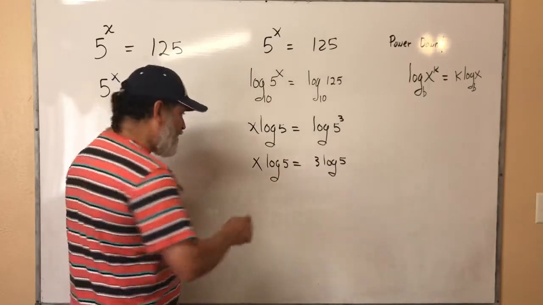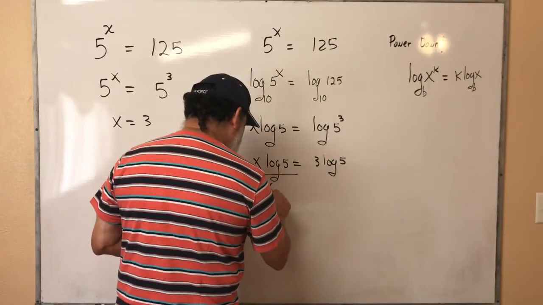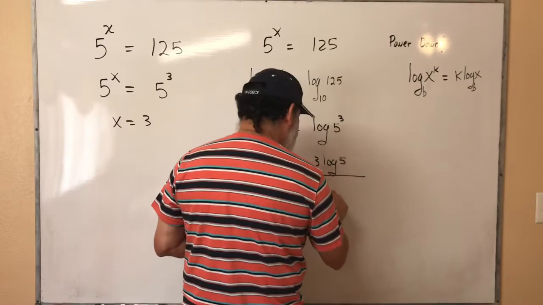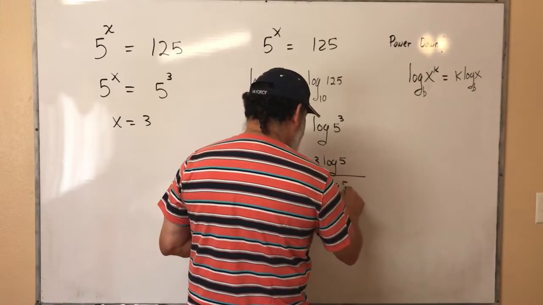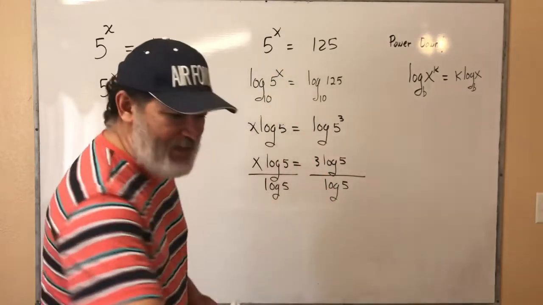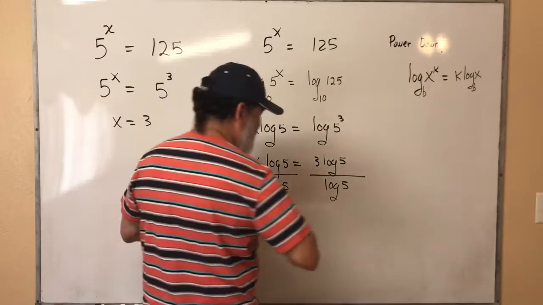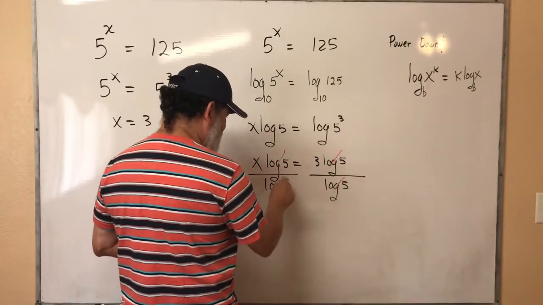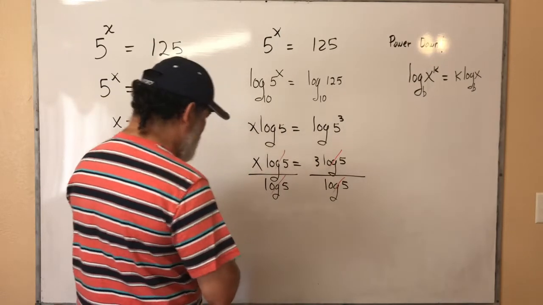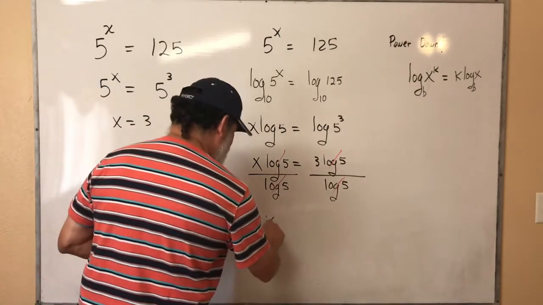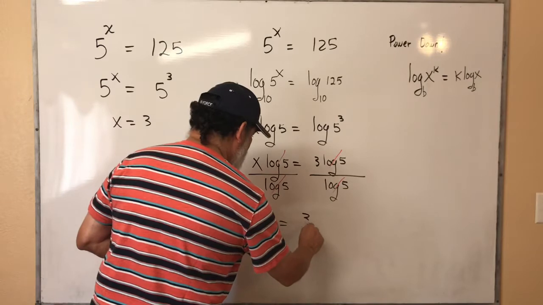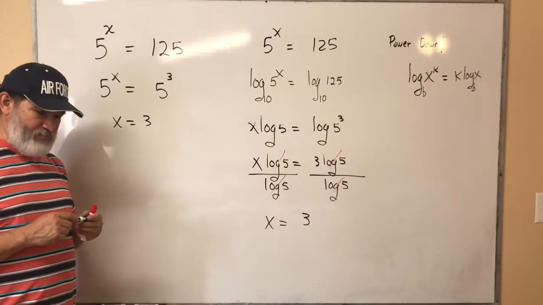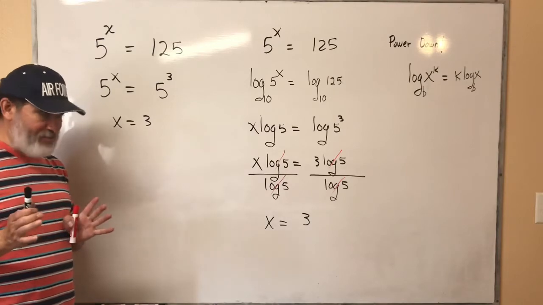So divide this by log of 5. Divide this by log of 5. All right, good class. And you see, this one cancels that one. This one cancels that one. And guess what, good class? x equals 3, just like before. You understand what I'm saying?